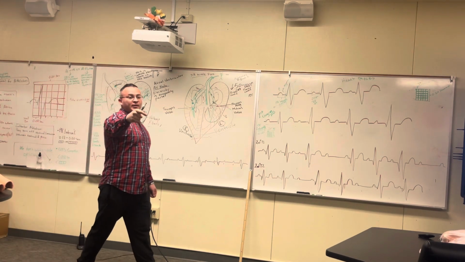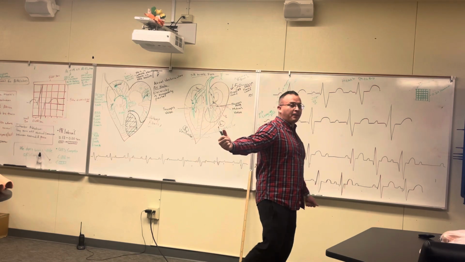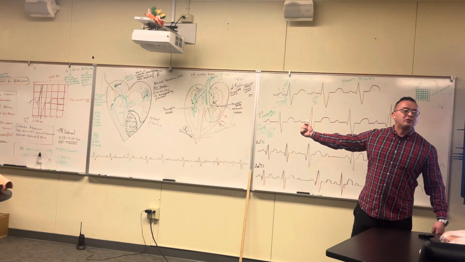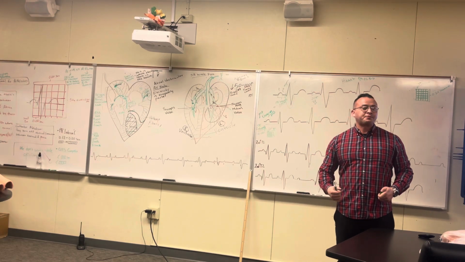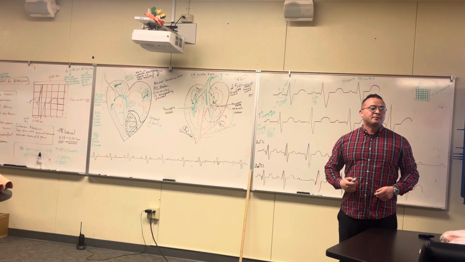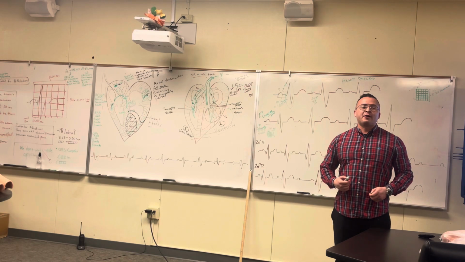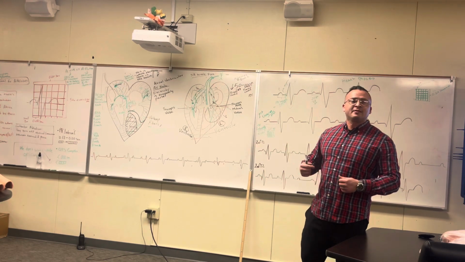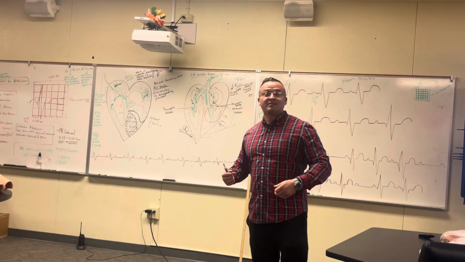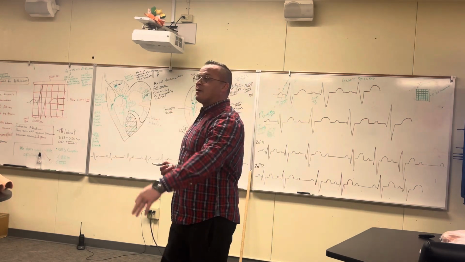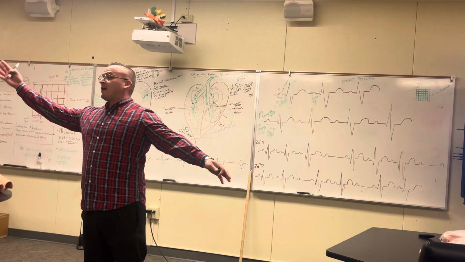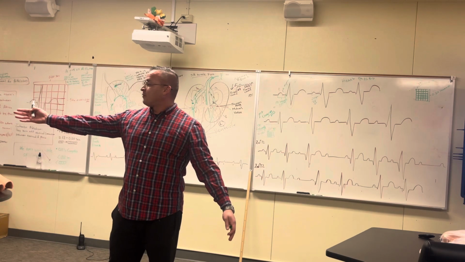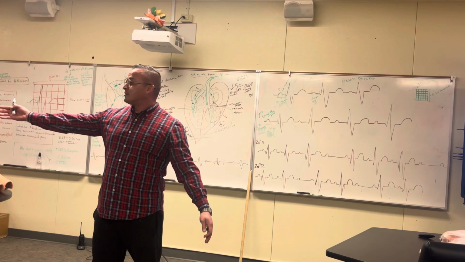So if I have a first degree heart block, instead of saying 0.20 seconds, what else can you say? It's wider than what? Think in boxes. Wider than 5 boxes. So if I have a first degree heart block, that means that the PR interval is wider than 0.20 seconds.